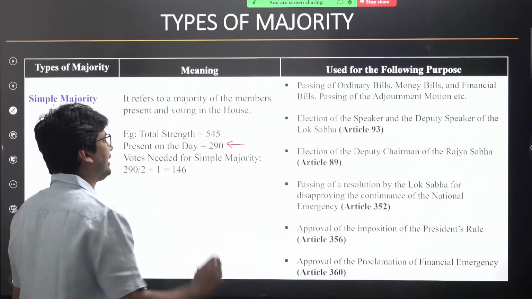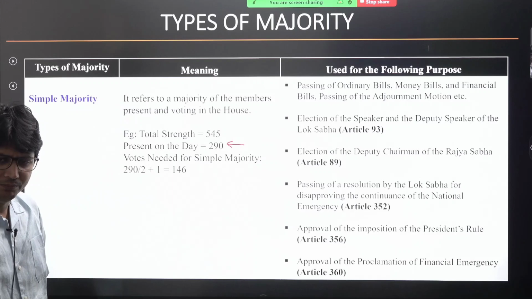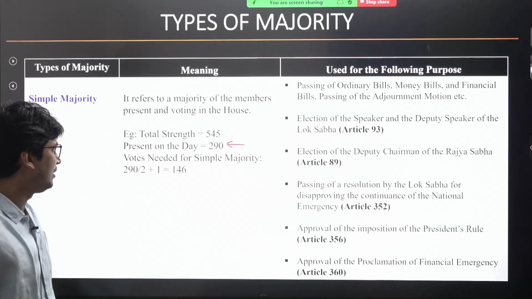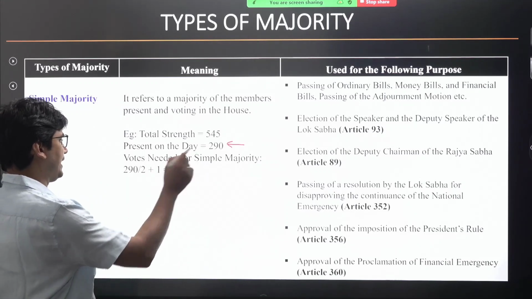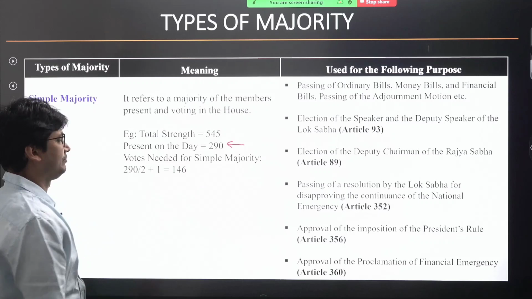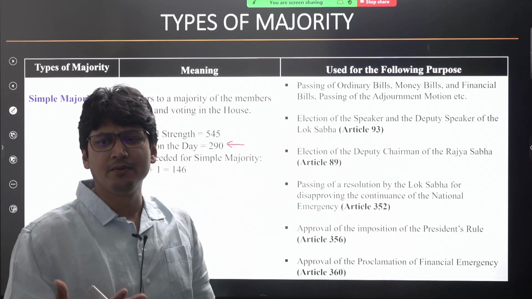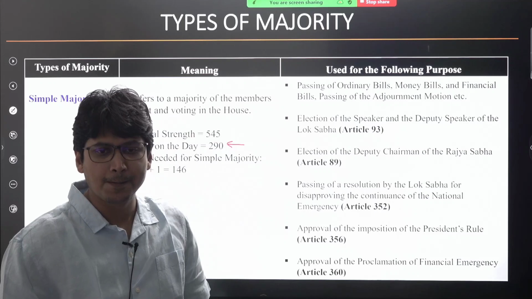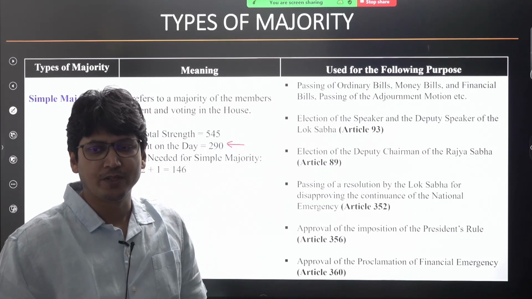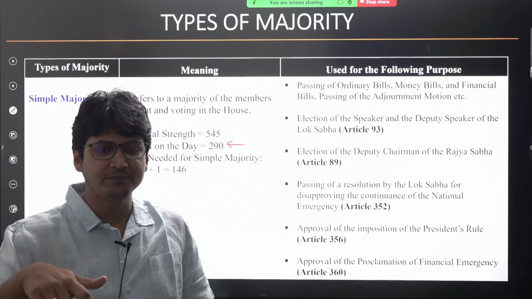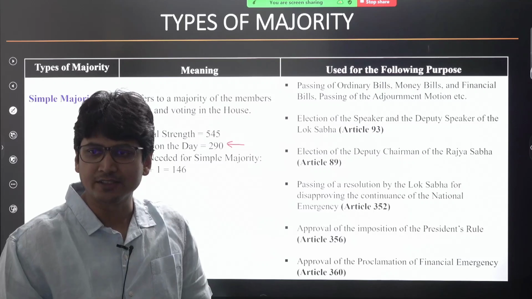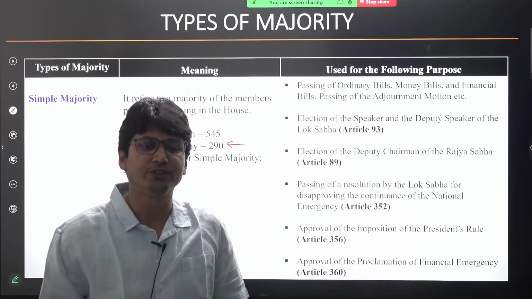So votes needed for any law to be passed by simple majority would be 290 divided by 2 plus 1. So this is simple majority: number of members present and voting, that is half plus 1, that is the requirement of simple majority.